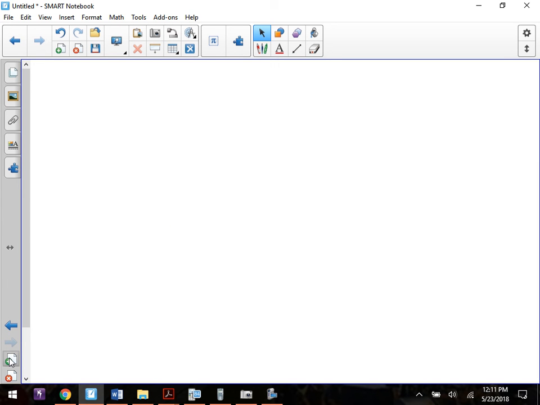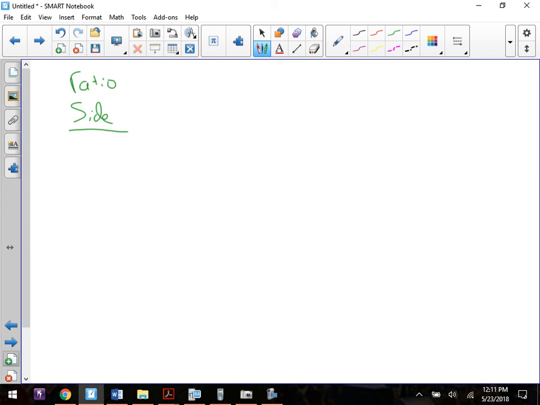Ratios of sides. So when we did ratios of sides, we did it this way. We had ratios of the sides, and then we had scale factor. Then we had area ratio, which led to volume ratio.